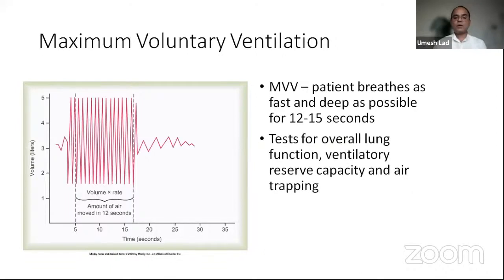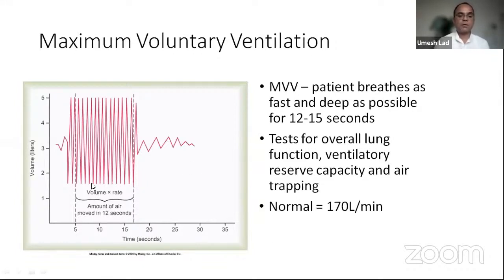Then what does it test for? It tests for the overall lung function, ventilatory reserve capacity, and air trapping. Okay, then normal is around 170 liters per minute. That is the maximum capacity of the lung to breathe in and breathe out the air. Now here, this is a graphical calculation.